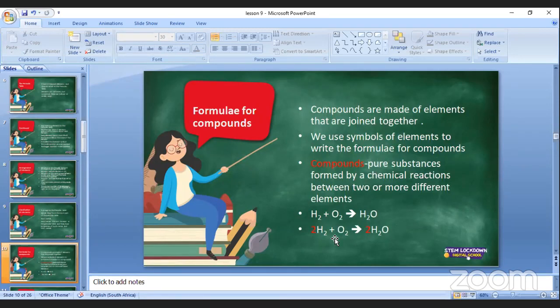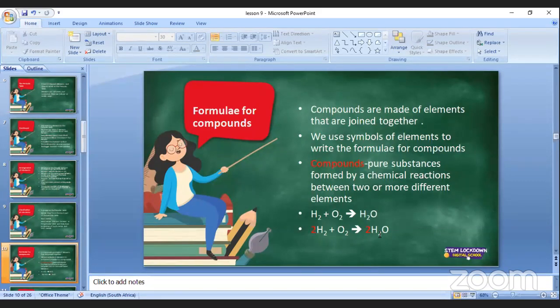Why? Remember, in mathematics, what you do on the left must be done on the right. Here in chemistry, the reactants must be equal to your product, which is your compound on the right. You cannot have 2 hydrogens on the left and then 1 on the right. If you've got 2 hydrogens on the left, there must also be 2 hydrogens on the right. That's why we balance the equation.